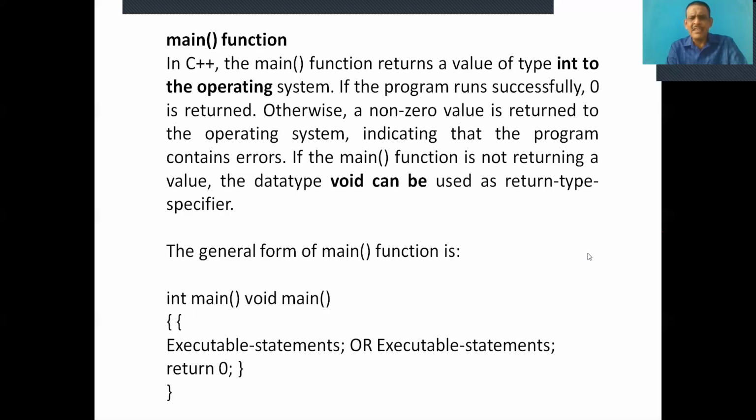If you write int main, after execution of the program, the main is going to return some value, either 0 or a non-zero value. If you write void main, then it is not going to return any value to the operating system. Out of these two, you can write any one.